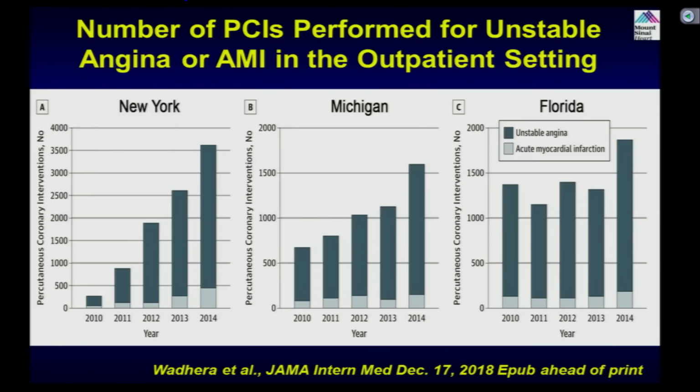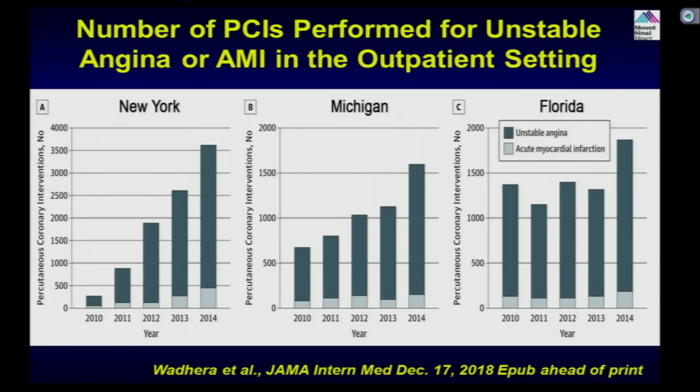So the authors summarized that maybe it is the gaming of unstable angina to make it an appropriate PCI. So the inappropriate PCI number going down may be just because the coding is different, the practice is different. But I would strongly argue against it, because clearly we have all become very careful identifying patients who are inappropriate. Everywhere in the country, fellows and attendings are taught not to do PCI if it is inappropriate.